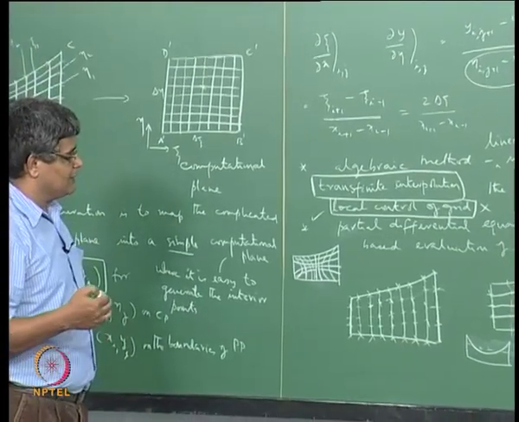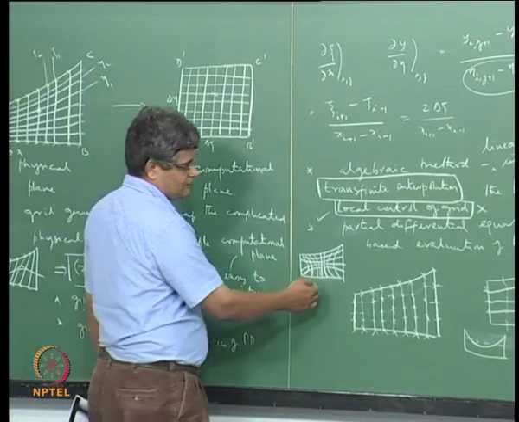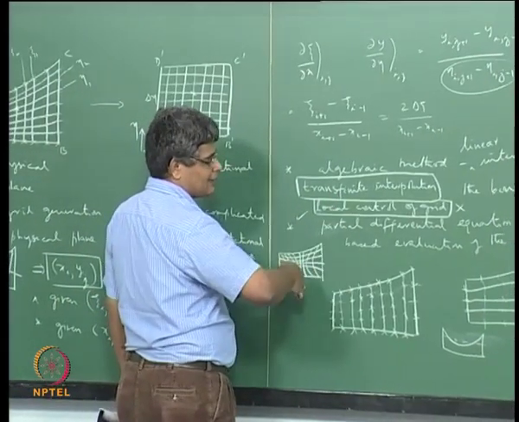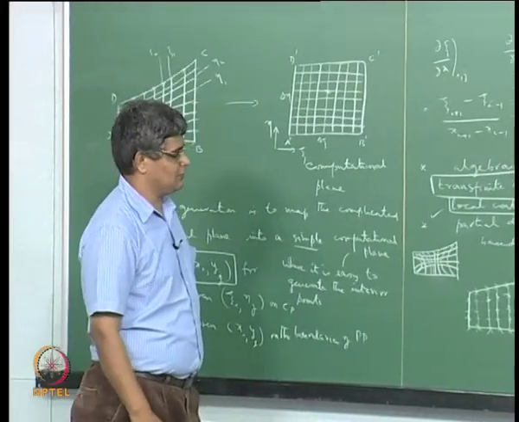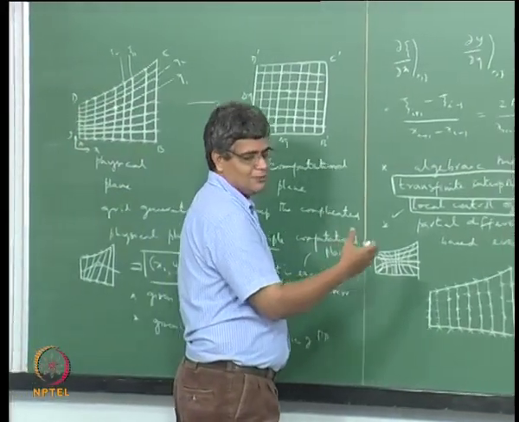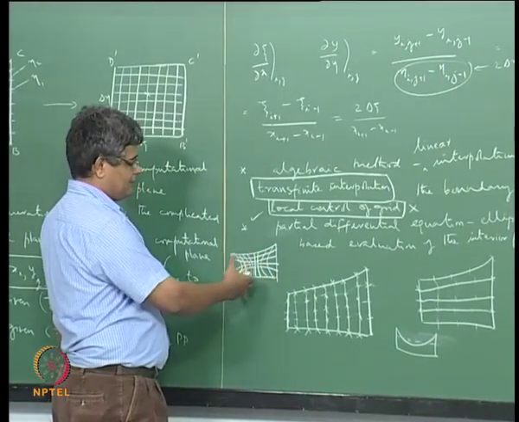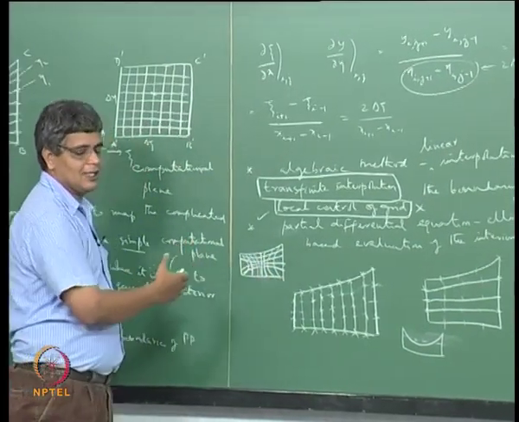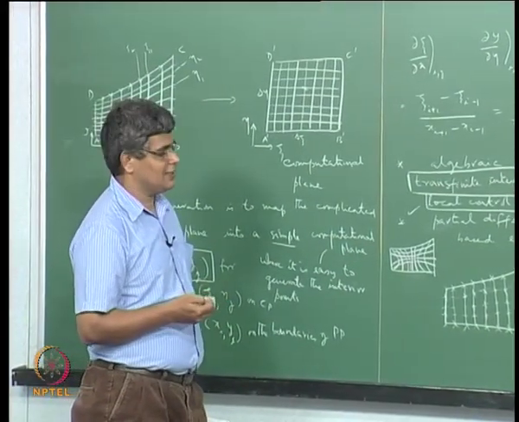So one can have localized orthogonality of the grid lines as part of the grid generation process using this partial differential equation approach. So the PDE approach is a more robust approach which will give us a grid which has smoothness of the grid as a guarantee, and that is always desirable.